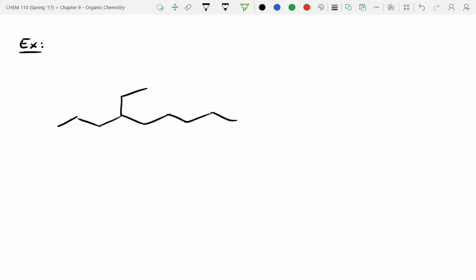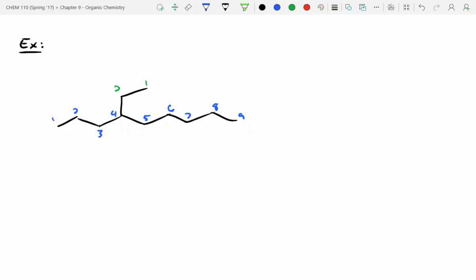What's the longest chain of carbon atoms that you can find? Yeah, going straight across, so 9. Oftentimes students will get tricked and they'll say, well, why not 1, 2, 3, 4, 5, 6, 7, 8? That's an 8 carbon chain. But then I would argue, hey, there's one that goes 1, 2, 3, 4, 5, 6, 7, 8, 9. The blue pathway is longer, so that's going to be our preferred numbering.